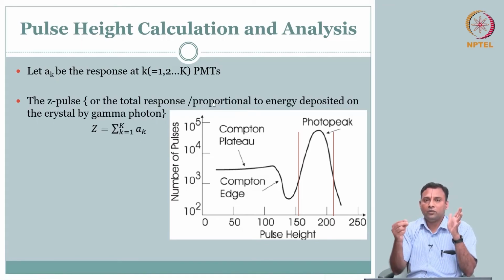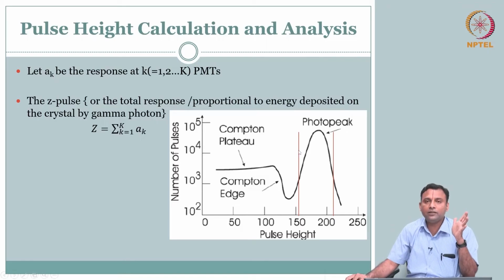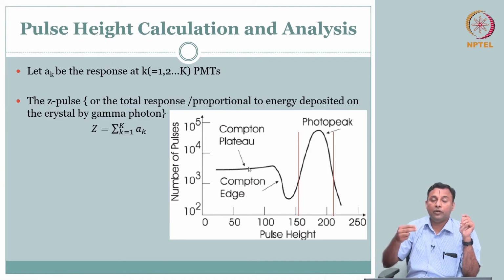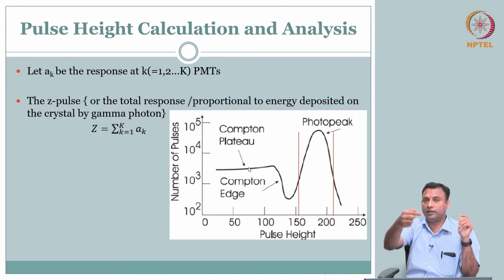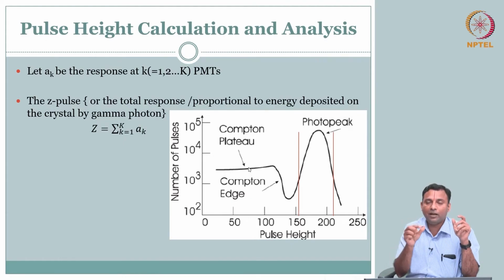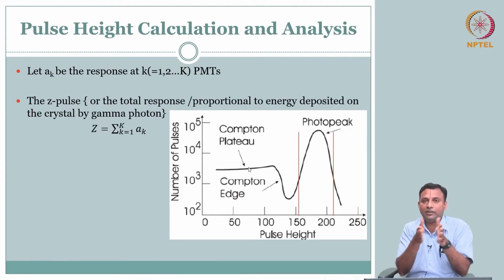So what you notice when you add is that you also get energies that are low. When do you get low energies? When you do not have the actual gamma photon that is released from your radiotracer. When this gamma interacts with the crystal, there could be Compton scattering.